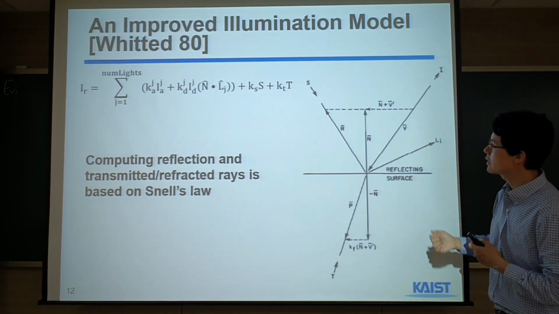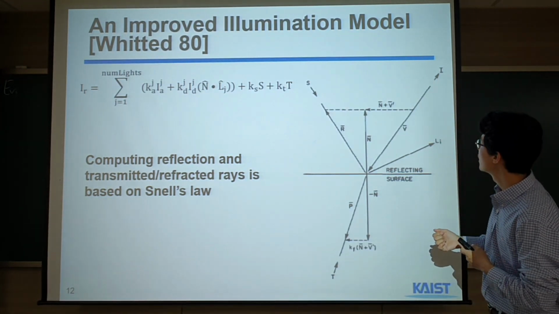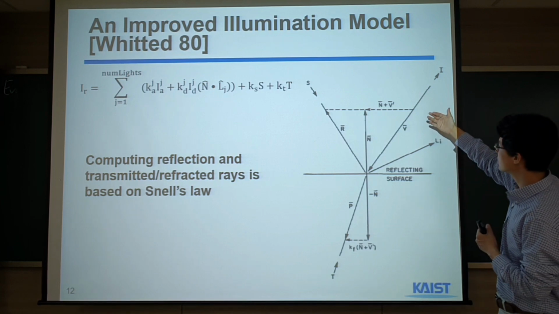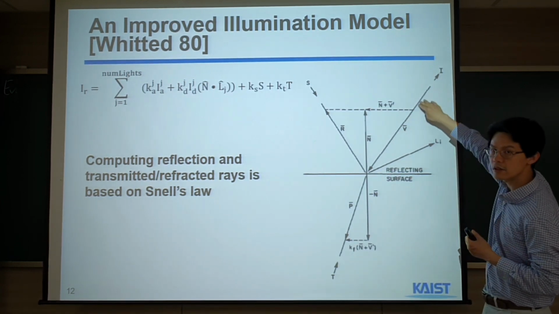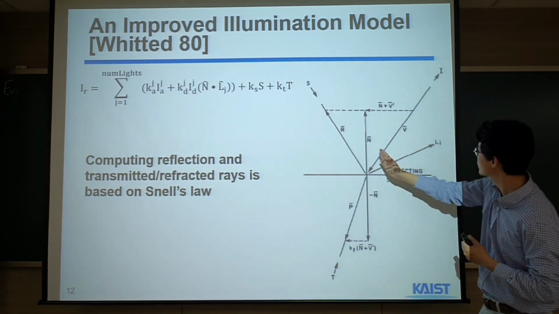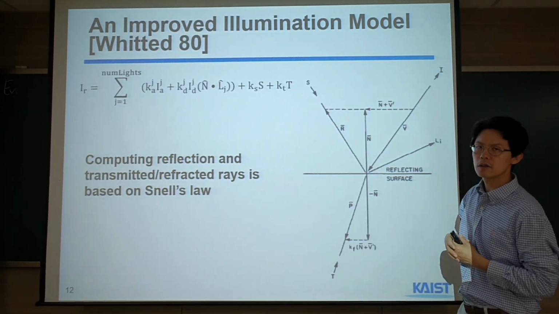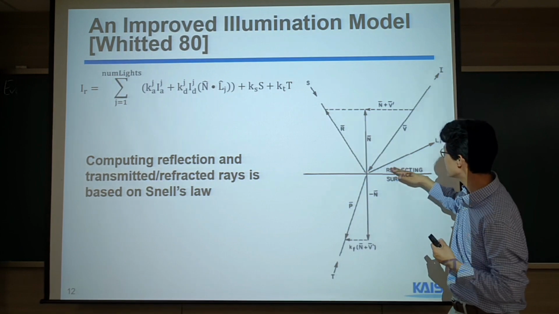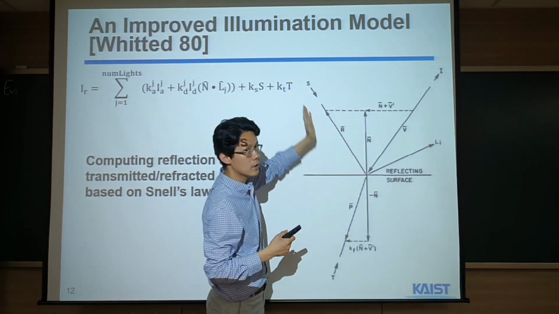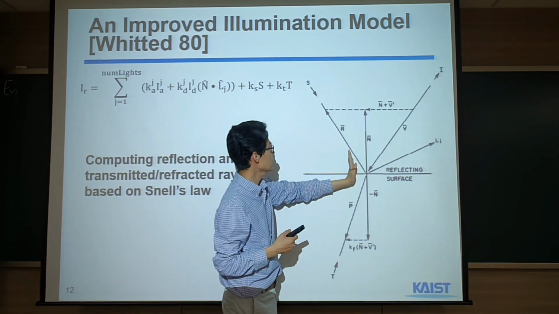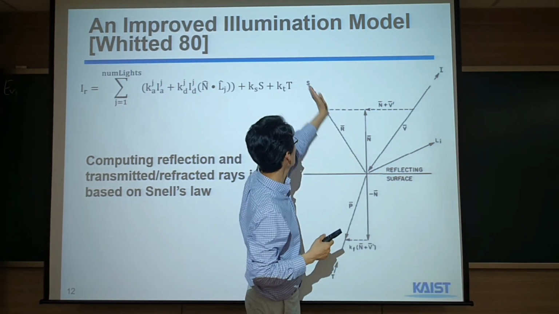I grabbed this figure from the original paper. It looks complicated, but basically this is the incoming ray. This is the viewing vector, the viewing direction of the incoming ray, and this is the normal. If we assume that it's a perfect mirror, then we can compute this reflection vector so that we can generate a reflection ray from here in that direction.